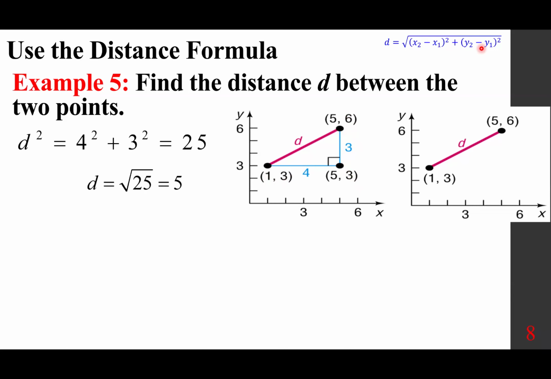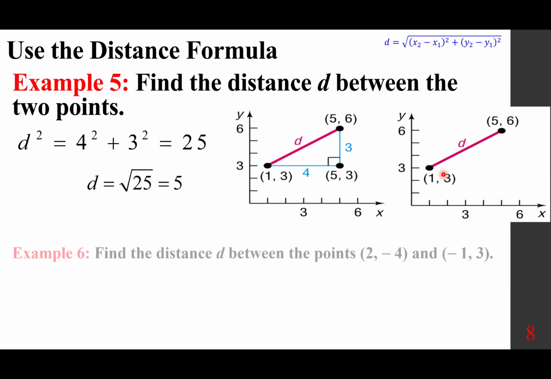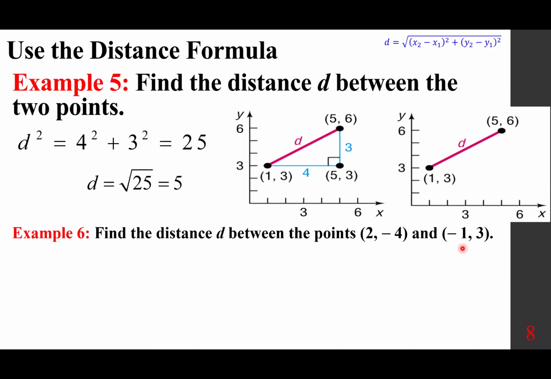So if we wanted to show it with the graph, but without having the graph, we are given two pairs. We want to find the distance between 2 comma negative 4 and negative 1 comma 3. So according to this formula, everybody, the square root of x sub 2 minus x sub 1, negative 1 minus 2 quantity squared, plus y sub 2 minus y sub 1, 3 minus negative 4 quantity squared.